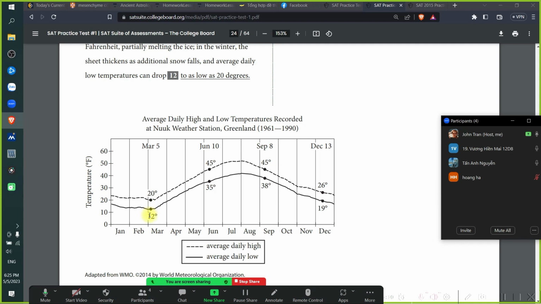In the winter. Winter, it's around November, December, January and February, you know, tháng 11, 12, tháng 1, tháng 2 gì đó. So this one, the lowest is how much? Thấp nhất là nhiêu các bạn? It's 12, isn't it? Có thể thấy rõ ràng là thấp nhất là 12 độ. Not as low as 20, but it's 12, isn't it?